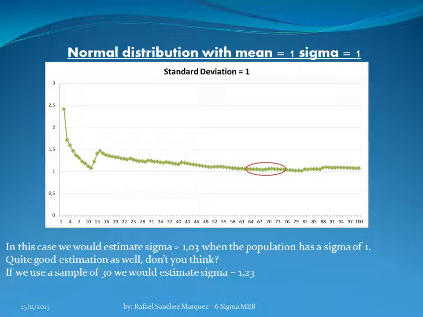So this works as well for standard deviations. This is the first estimation, and then, as you can see, it is showing a lack of stability until the estimation converges more or less to the real value of 1.